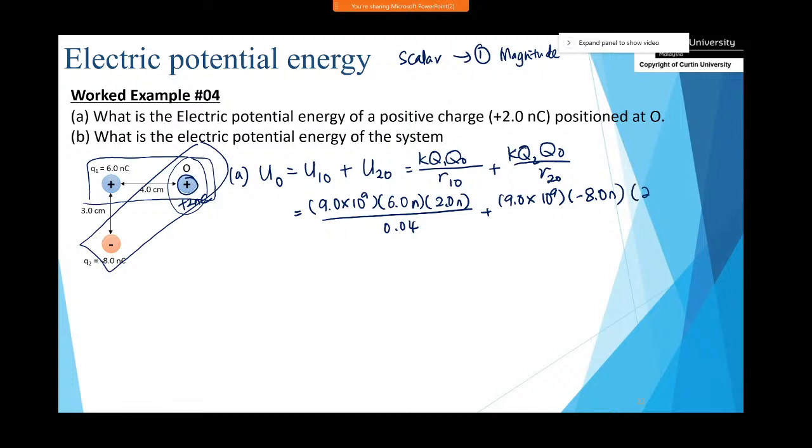QO is positive 2 nanocoulomb. The distance, 0.05. So, can you find the value of the potential energy at point O?